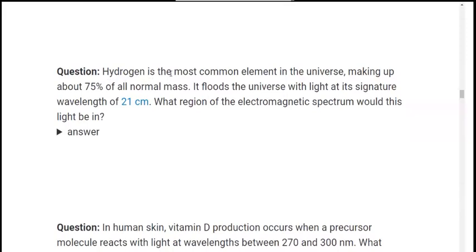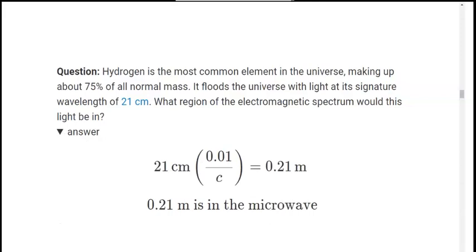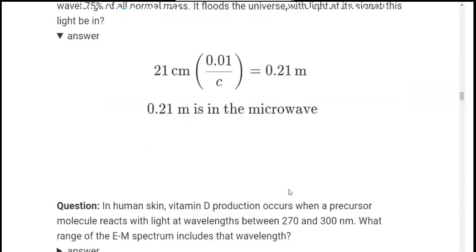It floods the universe with light at its signature wavelength of 21 cm. What region of the electromagnetic spectrum could this light be in? So let us look over the answer. You see here, as this radiation has a wavelength of 0.21 meter, it must be in the range of microwave.